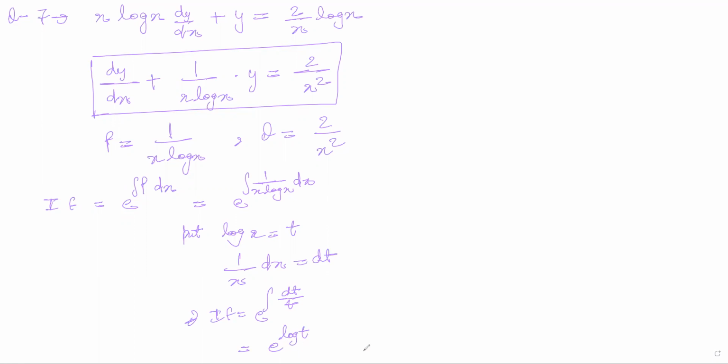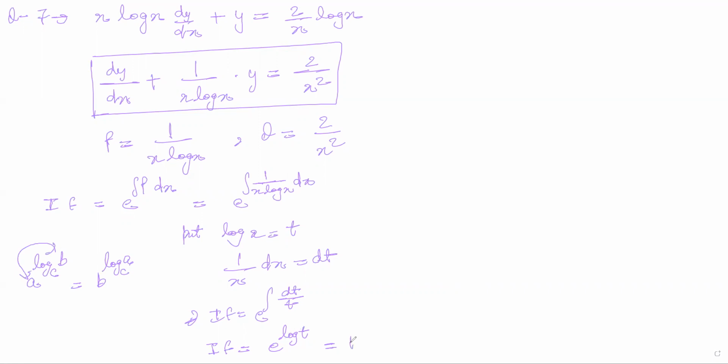Can you further solve it? You can apply the properties of log. The property was, if you have a to the power log b base c, it was b to the power log a base c. Basically, you can interchange them. So you can interchange t and e here.